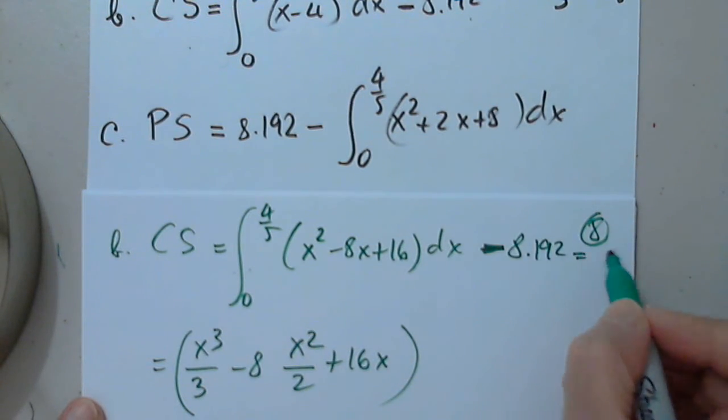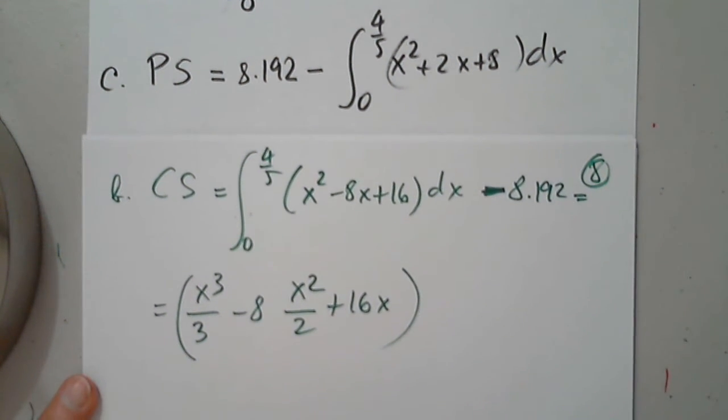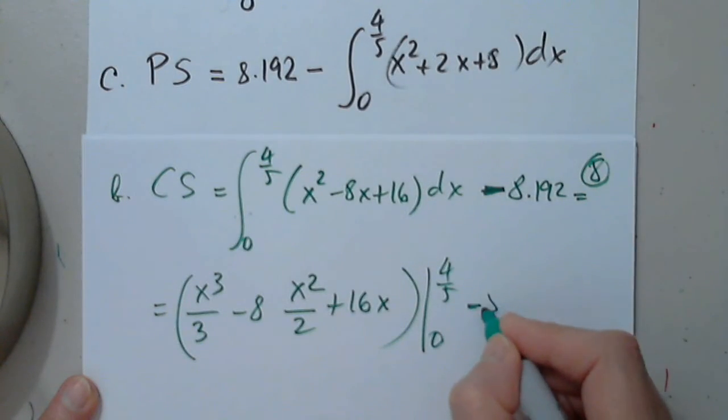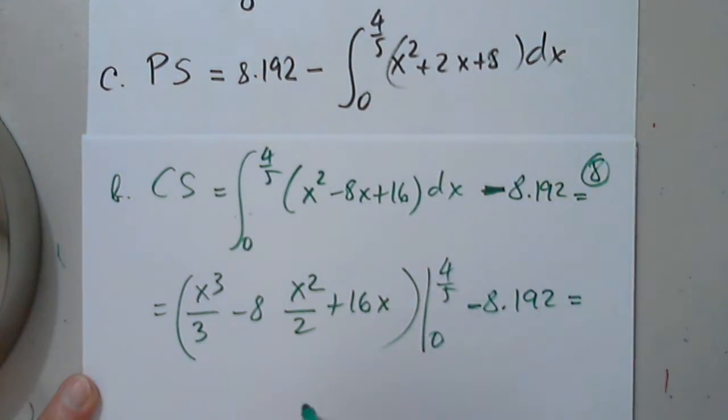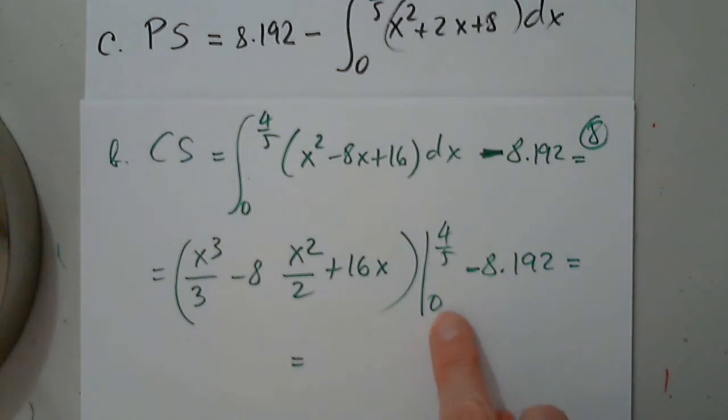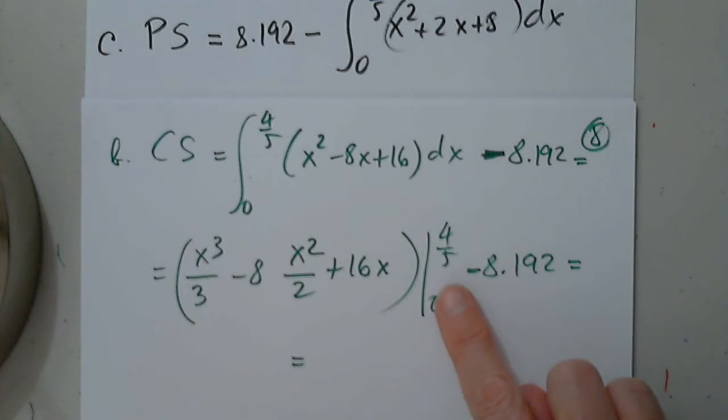I'm leaving numbers behind. Don't let me do that. From 0 to 4/5 minus 8.192. And I have to plug in 4/5, and when I plug in 0, everything is 0, so I don't need to.